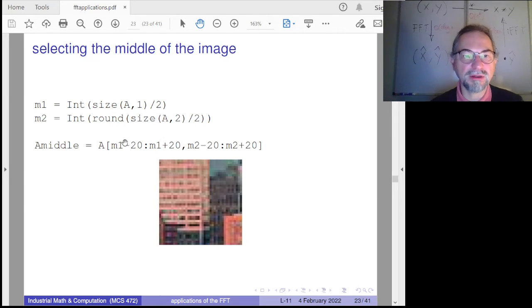So I take 20 pixels to the left, 20 pixels to the right, 20 pixels up and down. Here you see a very grainy image of the middle buildings, actually closer to UIC in the skyline. So this is just to say that we have the matrix operations at our disposal.